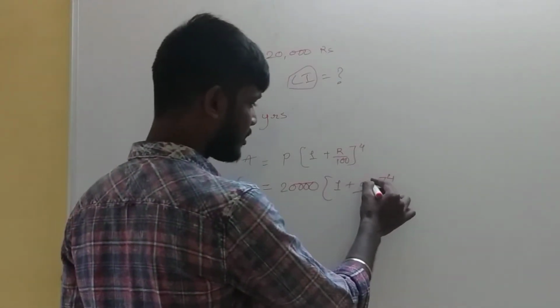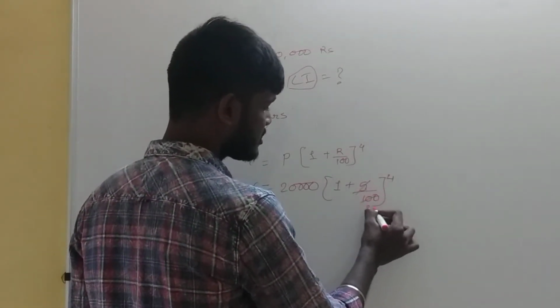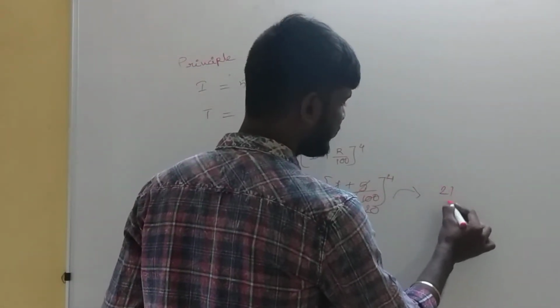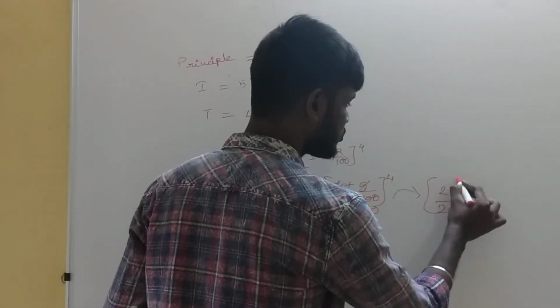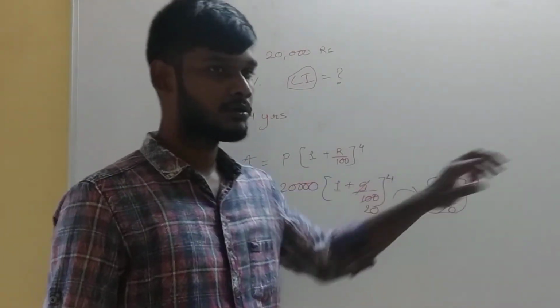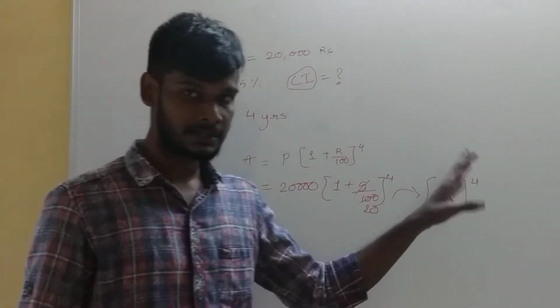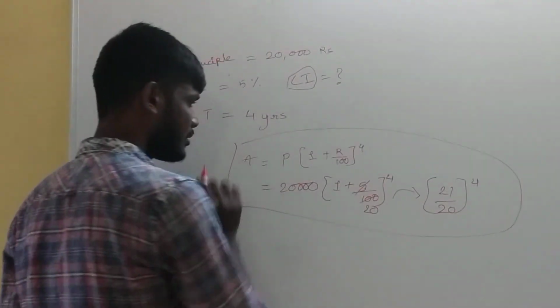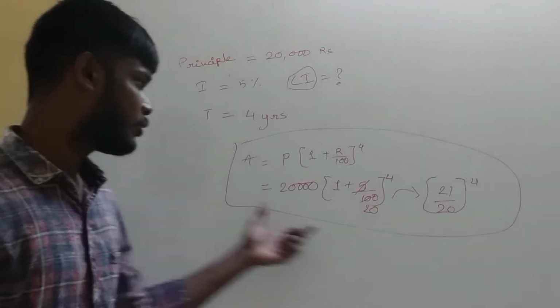If I cut, this will be 20, then this will come up to 21 upon 20 whole to the power 4. Now I have to calculate 21 raised to the power 4, which is quite tedious. So this is the formula method, but we won't want to use it.